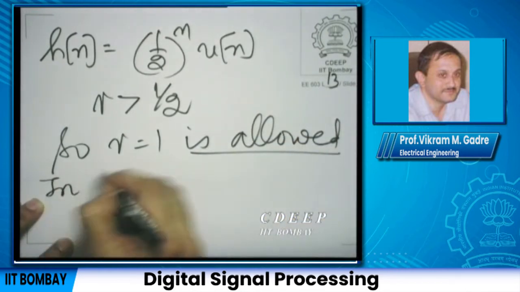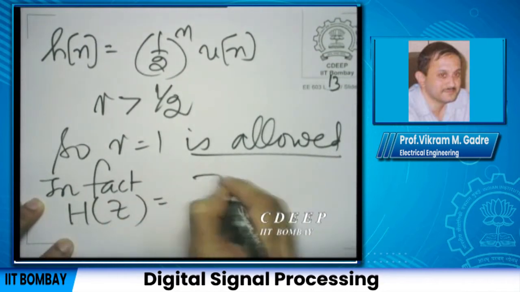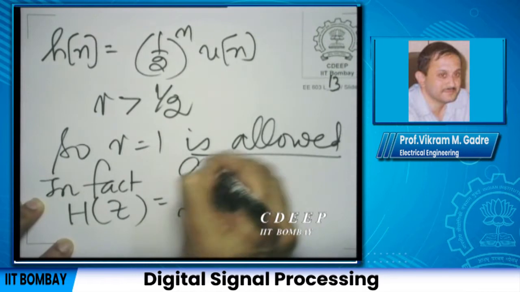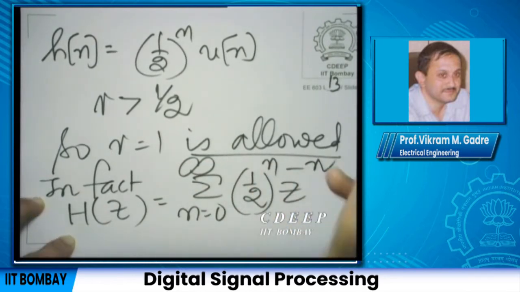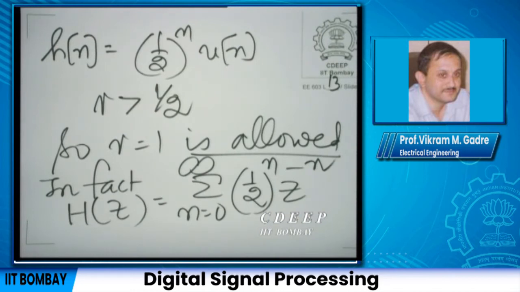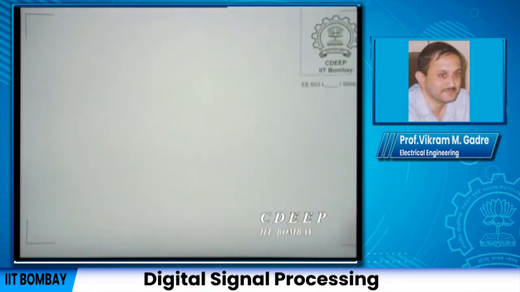In fact, capital H of z, which is the summation n going from 0 to infinity of half raised to the power of n z raised to the power minus n, which is the z transform of h[n], can be evaluated for r equal to 1. So, this is the z transform and this can be evaluated.